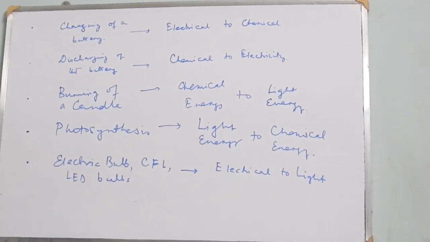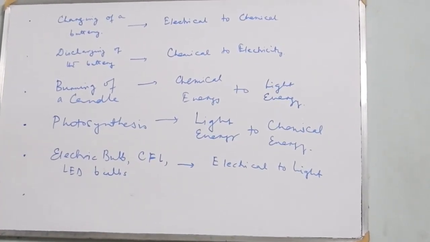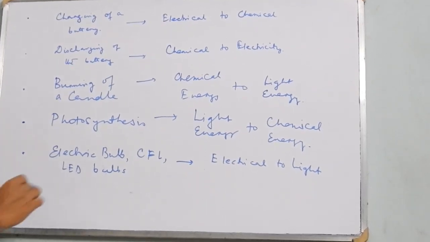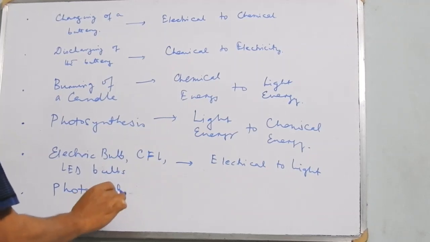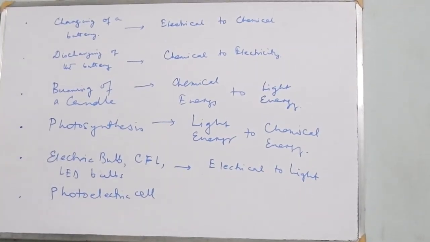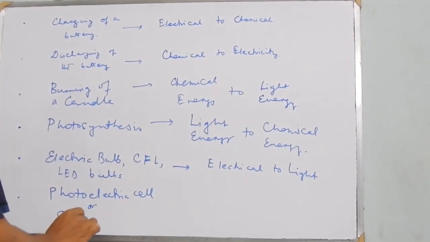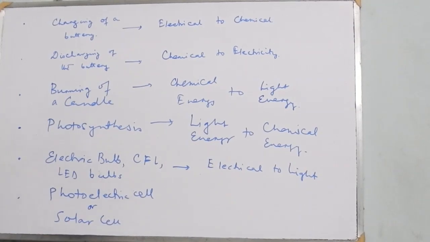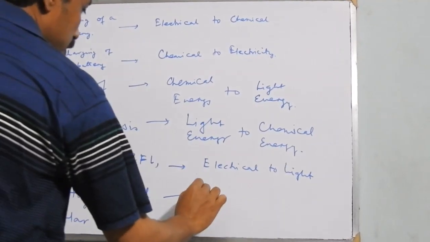Light to electrical, you can take the example of a photoelectric cell or a solar cell, where light energy is converted to electrical energy.